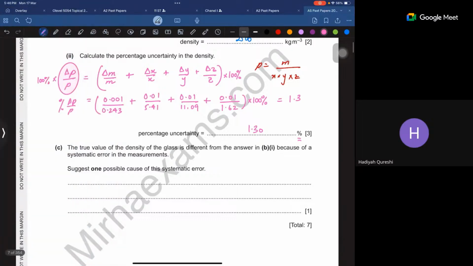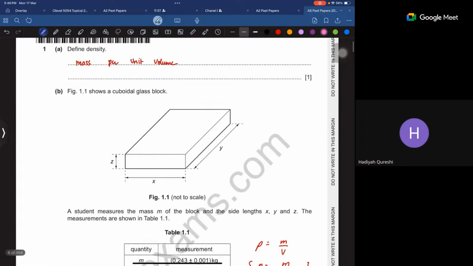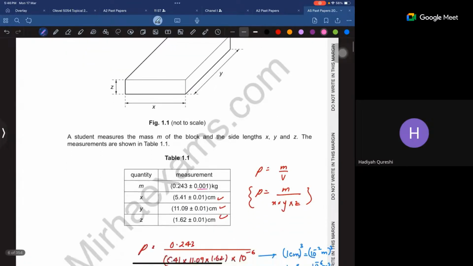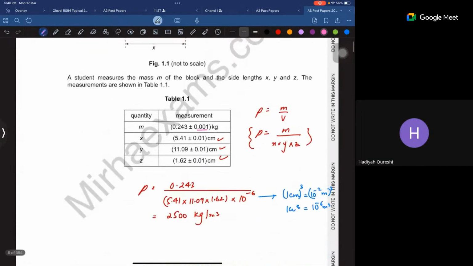Then comes: the true value of density of the glass is different from the answer because of systematic error. Suggest one cause of the systematic error. Obviously, you're measuring this with something.